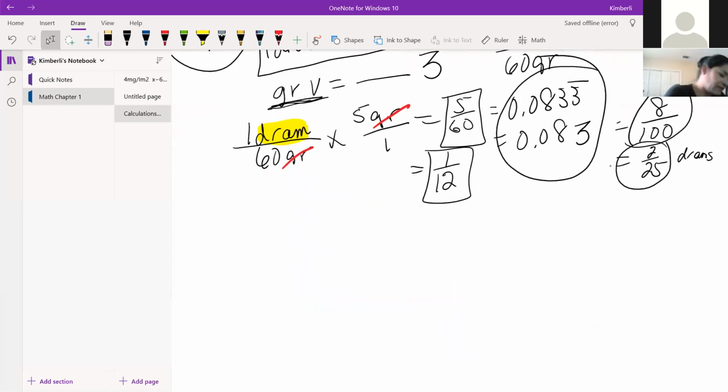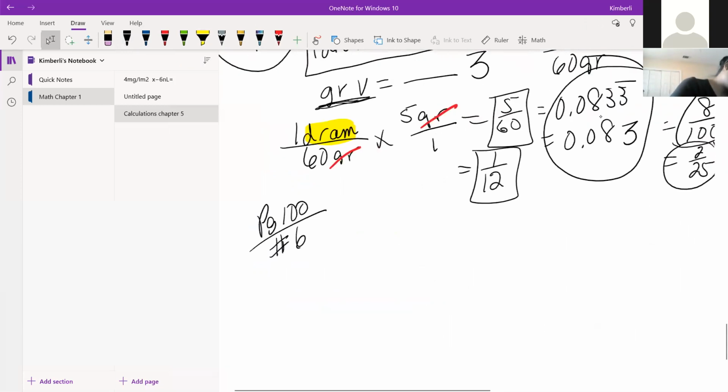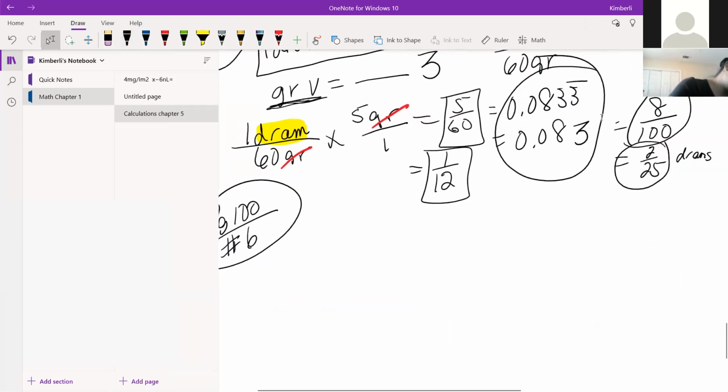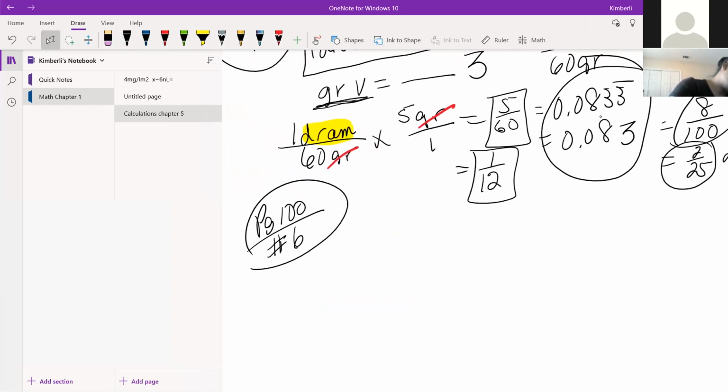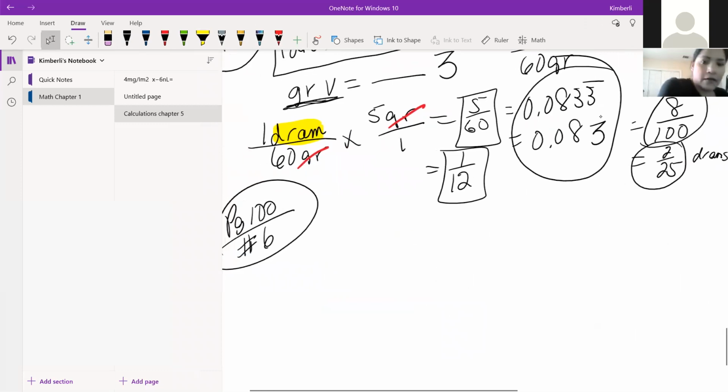Okay, and then number 6, we're looking at the fluid drams and we're converting them to fluid ounces. Okay, so page 100, number 6. Okay, I don't know why I have less room than I had a minute ago.